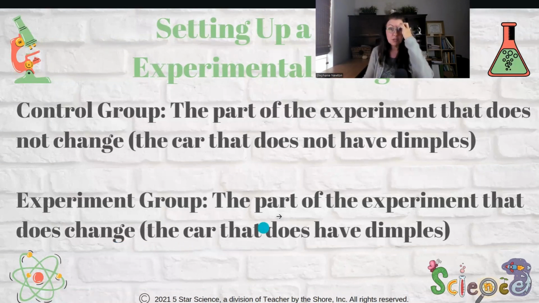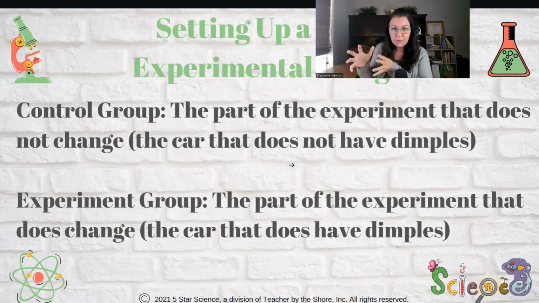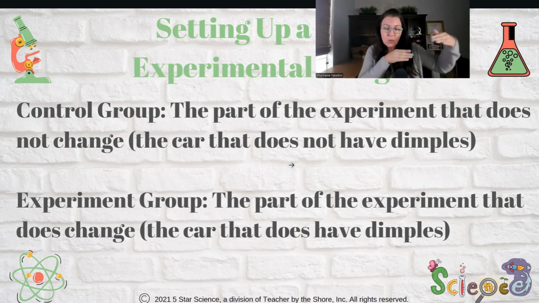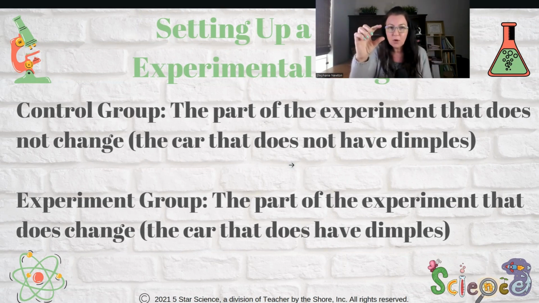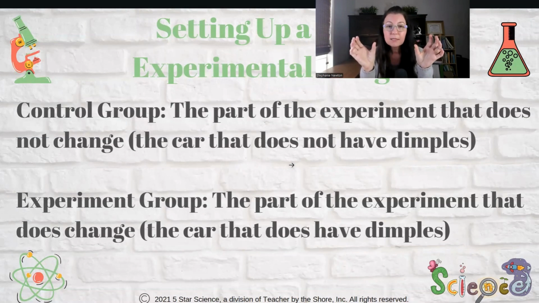Now, another example is an experiment that the Mythbusters did, where they had a regular car, and then they had a car with dimples, like think of a golf ball that has these little dimples all over it. They did that to the car. So they had a regular car and a dimpled car like a golf ball. And they tested the gas mileage.